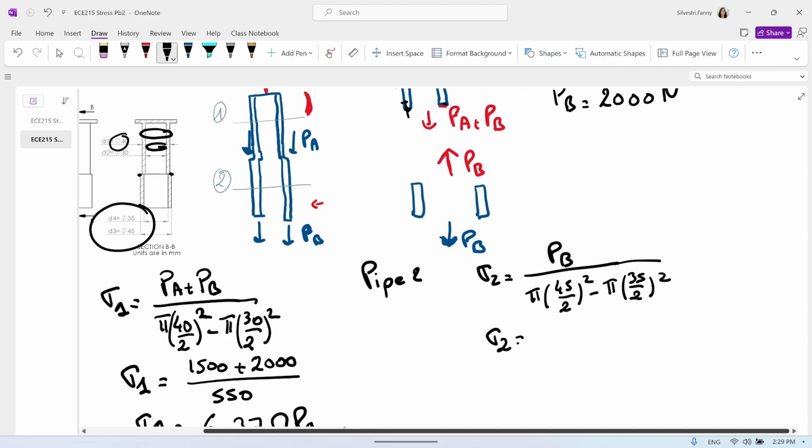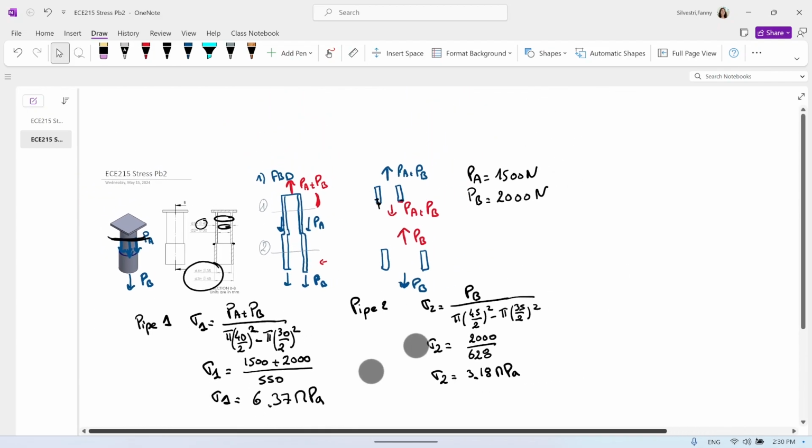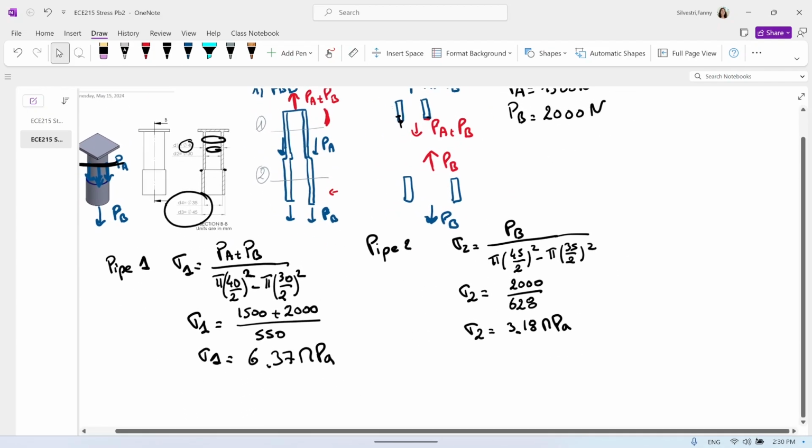So we get sigma 2 equal to PB, which is 2000, divided by the surface of pipe number 2, which I got as 628 millimeters squared. So sigma 2 equals 3.18 megapascals. Okay, so here are my answers.